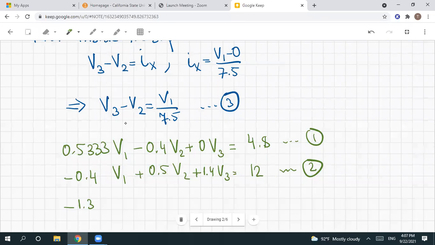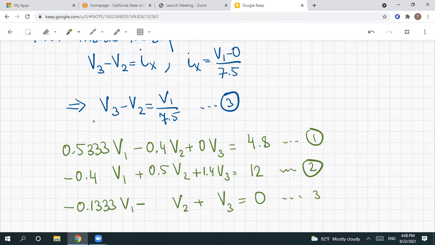Okay, let me divide it. 0.13333, yes, all the way. Okay, thank you so much. So it will be negative 0.1333 V1 and plus 1 V2 minus 1 V2, and plus 1 V3, and this is equal to 0.